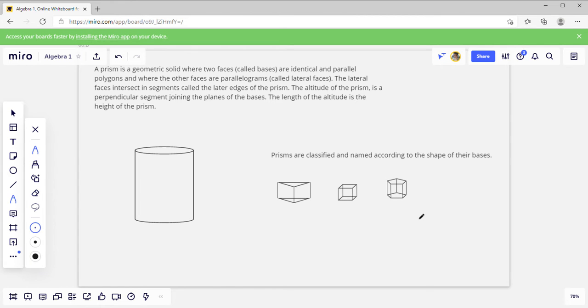So on this one, here's our base, and here's our base, those triangles. On this one, here's a base, and here's a base. On this one, that would be a base, and that would be a base, okay? So your bases are the parts that are flat, up and down there.